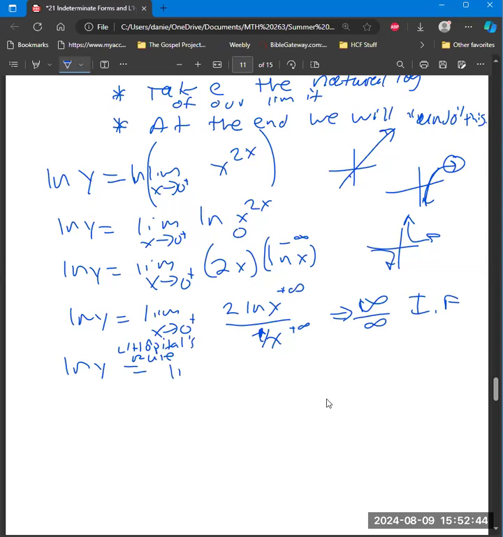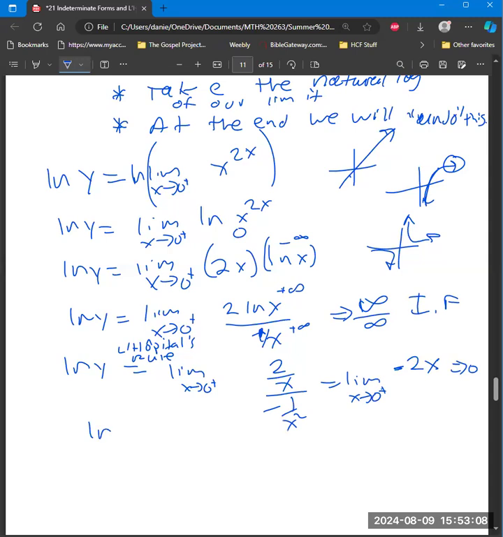So that's going to be the limit as x goes to 0 on the right of 2 over x minus 1 over x squared. Going to be the limit as x approaches 0 from the right of negative 2x. And that's going to go to 0.